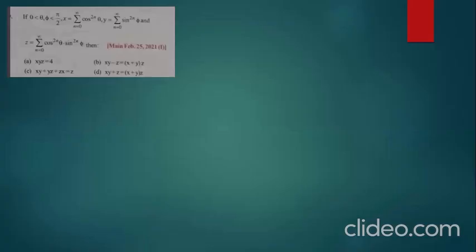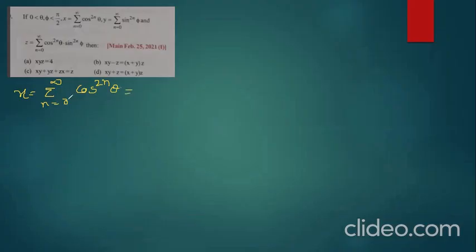Let us observe all the terms in terms of x, y and z. Whatever we get after simplification, we have to get in terms of x, y, z. That is the main thing. So here x is given, x is equal to sigma n is equal to 0 to infinity cos to the power of 2n theta.